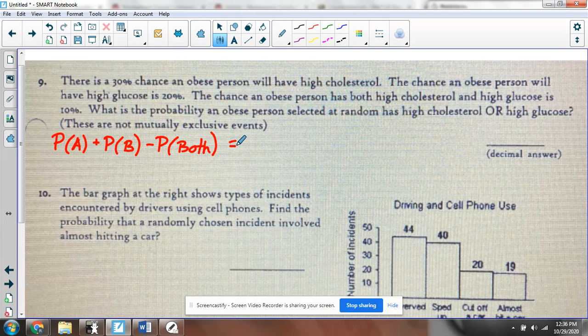So the probability that the person has high cholesterol is 30%, so that's 0.30, plus the probability the person has high glucose, which is 0.20, minus the probability that they have both, which is 0.10. This is 5 minus 1, that's going to be 0.40 or 0.4.